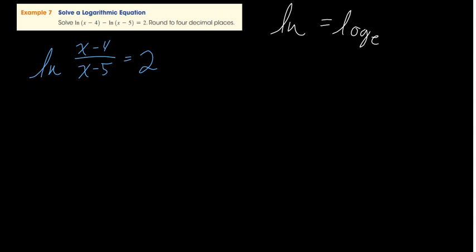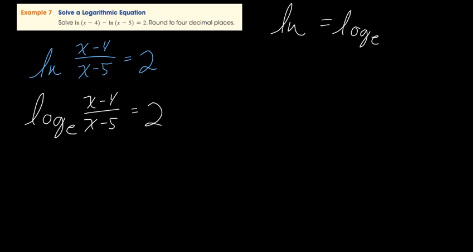It's so prevalent in mathematics that it gets its own notation, ln. So if you think about it like this, we could essentially think about it written as log base e of x minus 4 over x minus 5 equals 2. So it's essentially written like that.